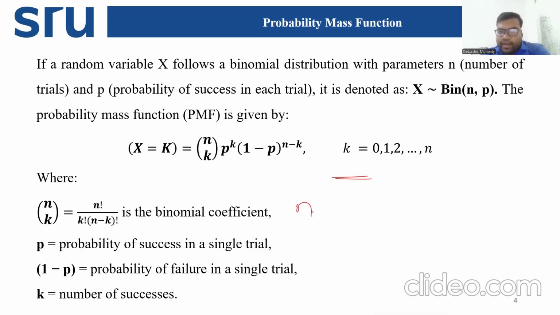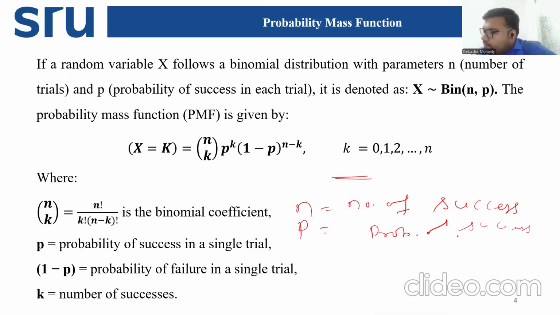Here n represents the number of trials, and p represents the probability of success. And 1 minus p represents the probability of failure.